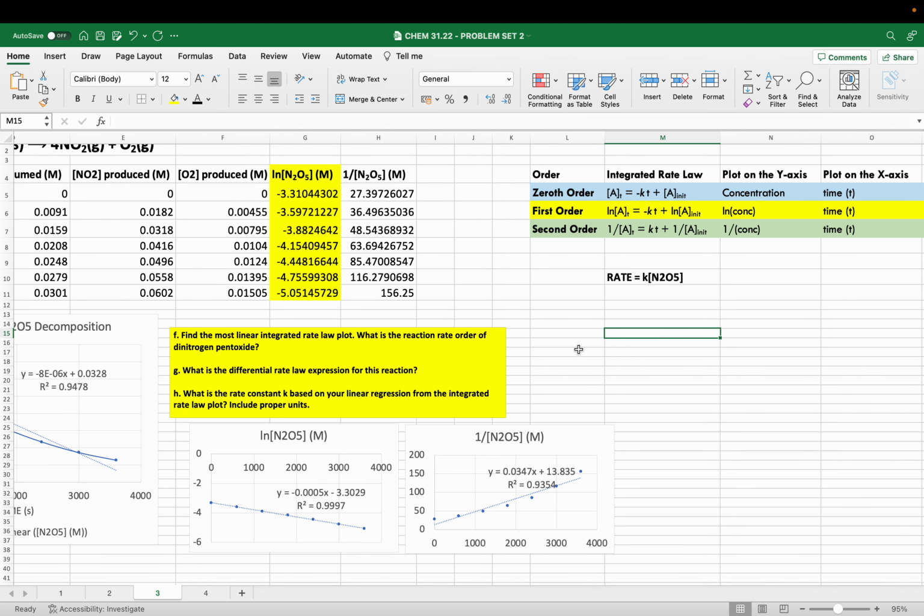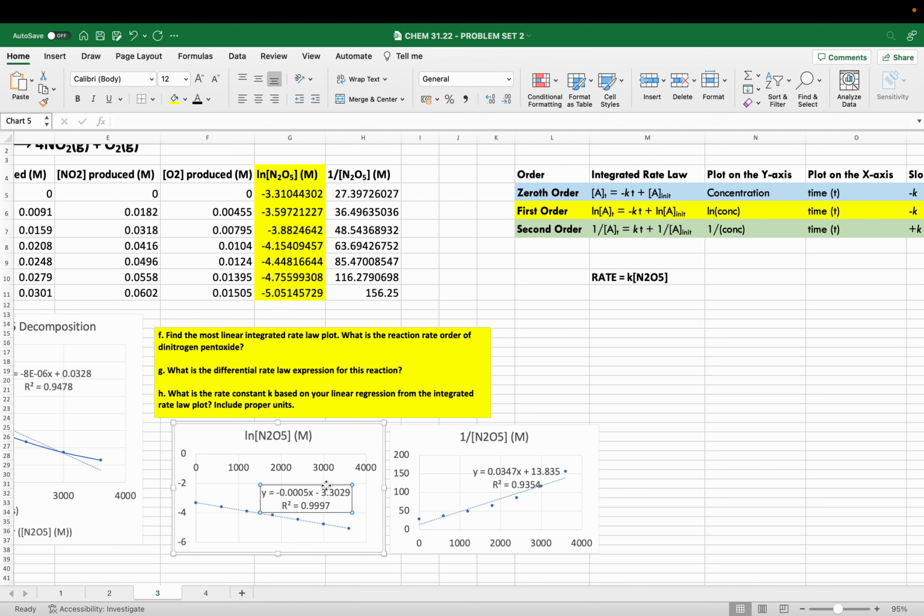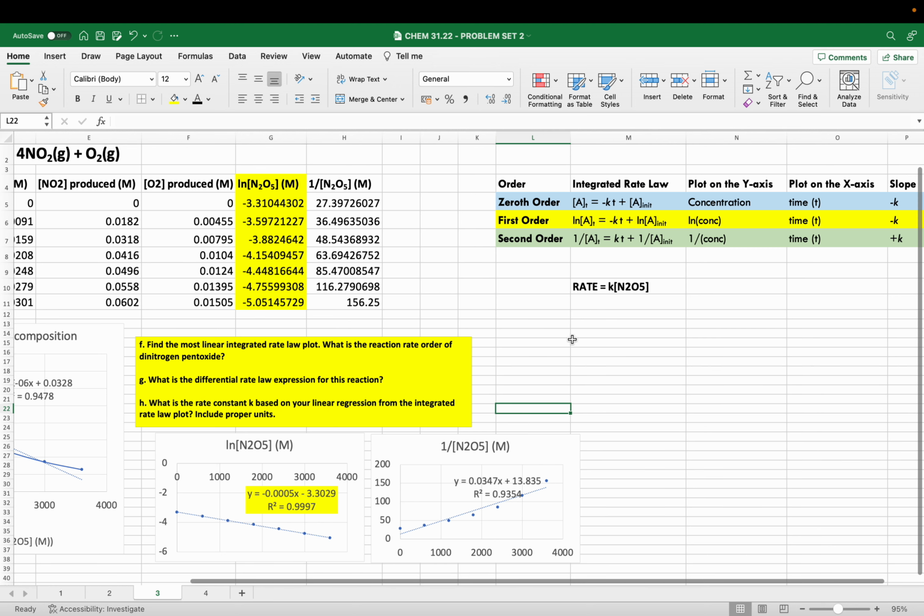Last, we are asked to find the rate constant k based on your linear regression from the integrated rate law plot. Now, it is this equation that will guide us in finding the value of the rate constant k.